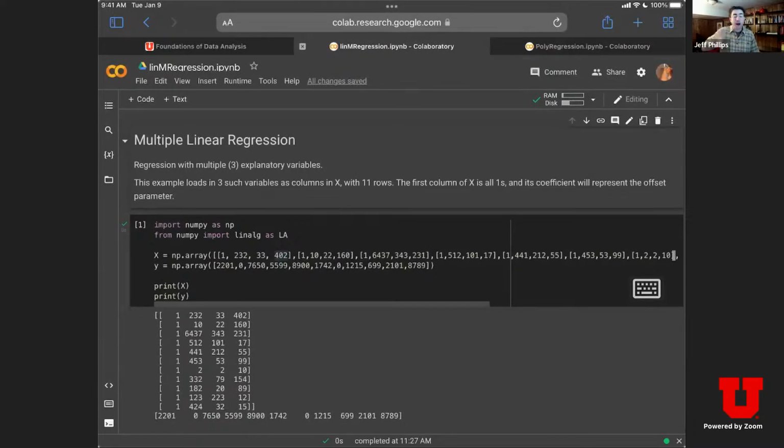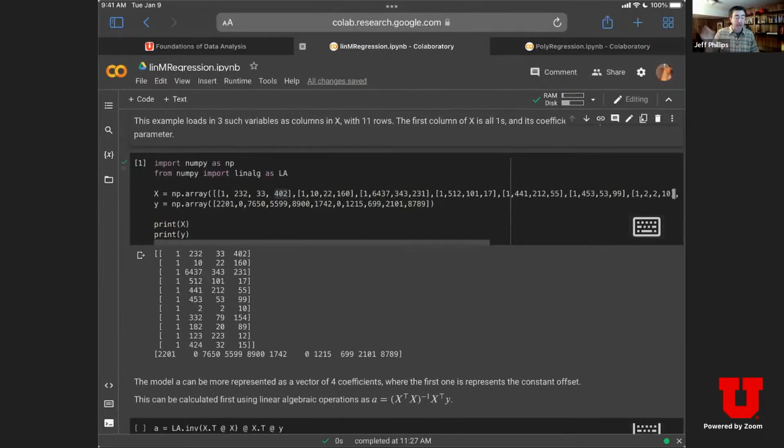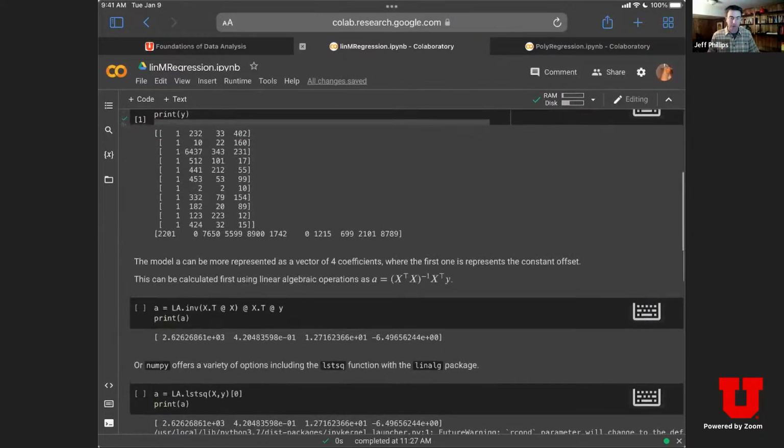Note when I print y, even though y is a column vector, it's printed as a row vector. Remember, Python always prints stuff as row vectors because it's easier to see, even though it needs to be a column vector for those equations to line up.